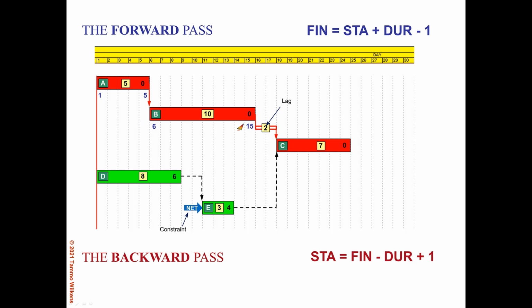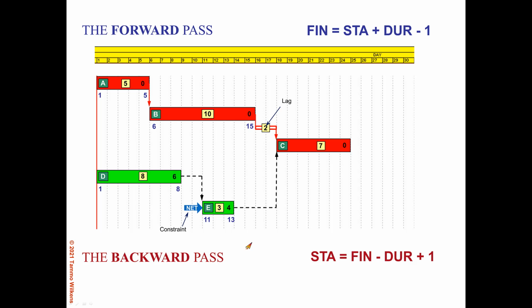Okay, and then we get the other path that we need to evaluate for activity C because it has two different predecessors. So we get the start date of 1 and finish date of 8 for activity D. But now activity E, instead of starting the next morning on day 9, can't start until the morning of day 11 due to the constraint.